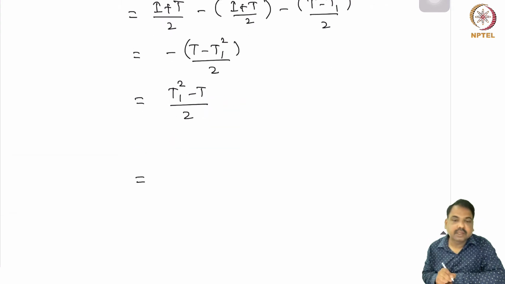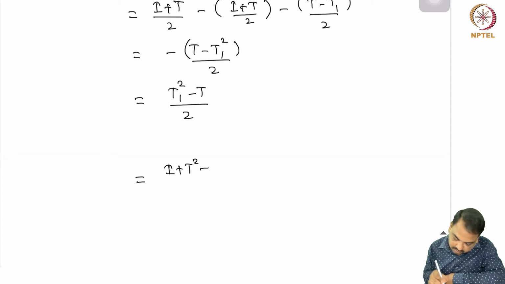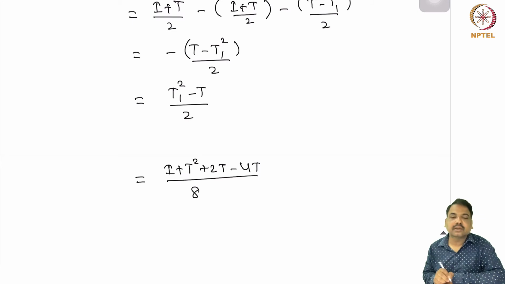Let us replace T1 by I plus T by 2. So I plus T by 2 whole square gives I plus T square plus 2T by 4, minus 4T, over 8.